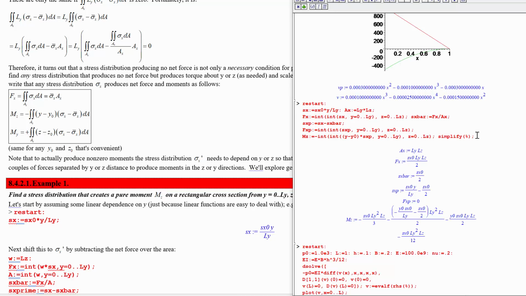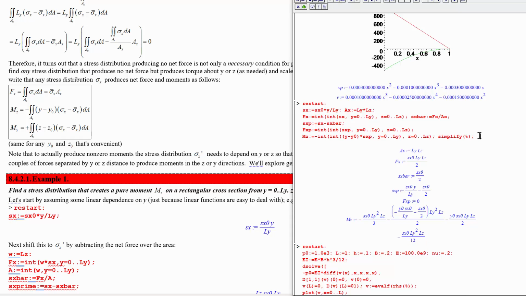So we have the same moment produced regardless of whether we were taking the torque that this stress is producing about 0 or about any arbitrary y naught. The y naught cancels, so that shows indeed that this stress is producing the same torque about every point, so it's producing a pure moment on that surface.